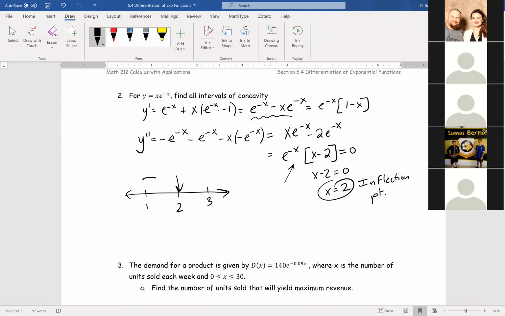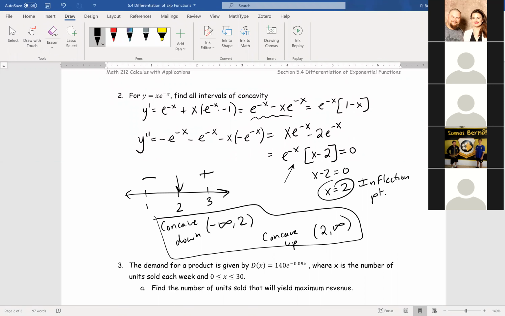And if I plug 3 in there, I get positive. So that means minus infinity to 2 is concave down, and then concave up from 2 to infinity. Any problems with that?